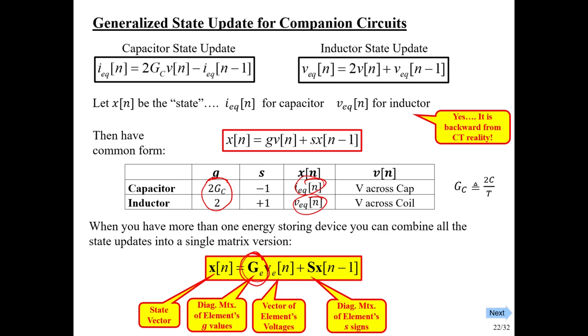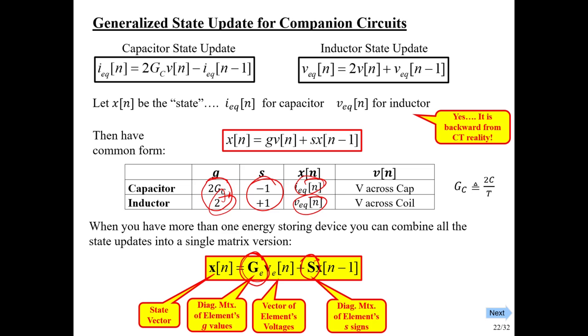So down the diagonal of this matrix, I just put either one of those. So if it's a capacitor, I'm going to put 2GC. If it's the first capacitor, it'll be 2GC1, and then 2GC2, and so on. And everywhere there's an inductor, just 2. No need for indices. And then another diagonal matrix, S, that will have either minus 1 or plus 1 down the elements along that diagonal.